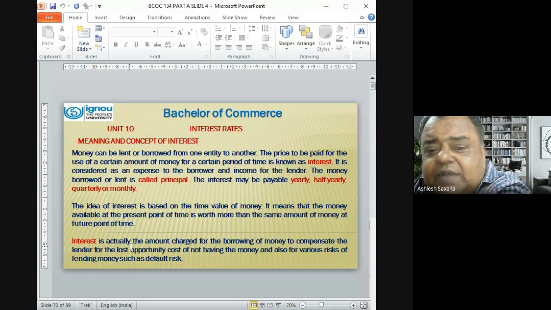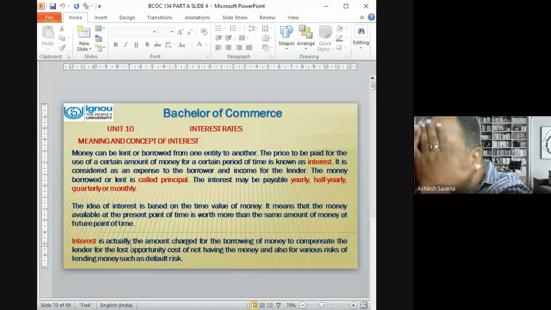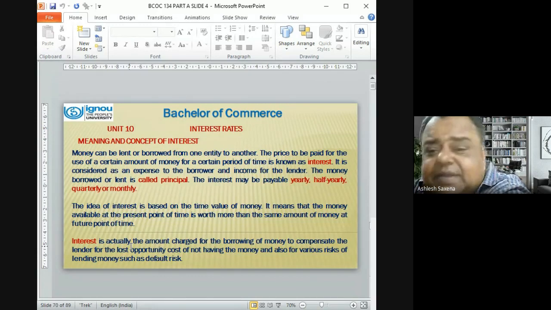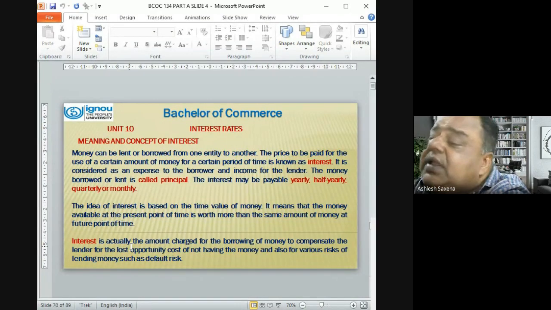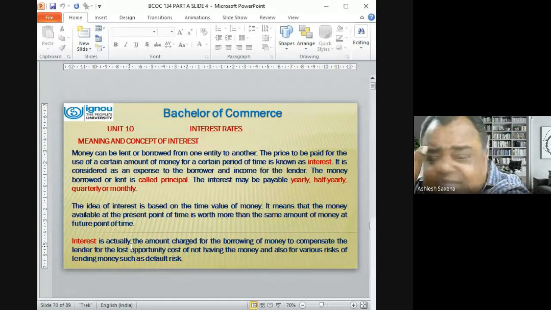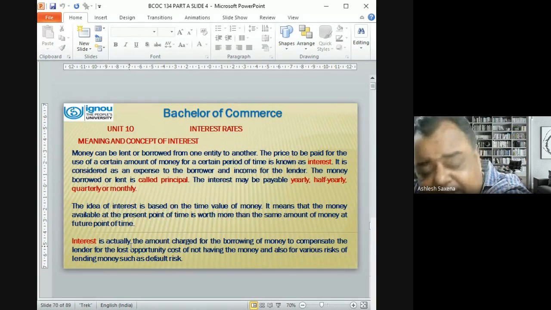Now we talk about unit 10, which is related to interest rates. Where is this applied? Interest rates have different applications. They are applied in banks, in depreciation, in appreciation, and they are calculated monthly, quarterly, semi-annually, and annually, depending upon the problem.